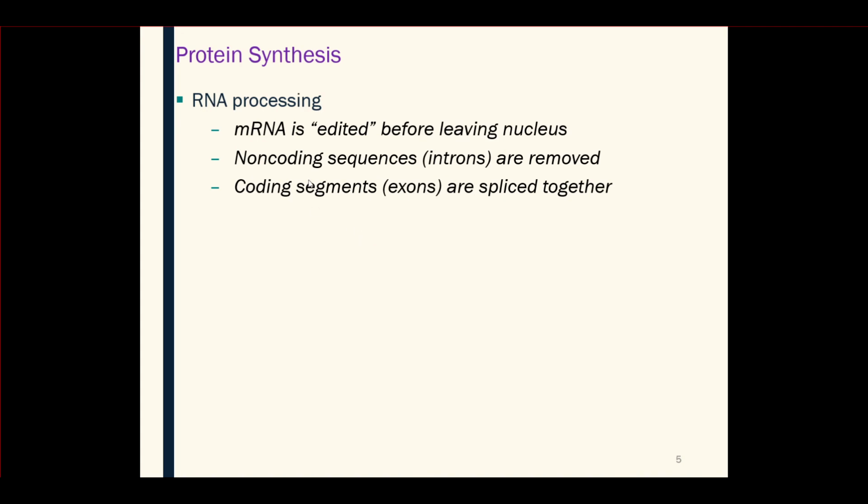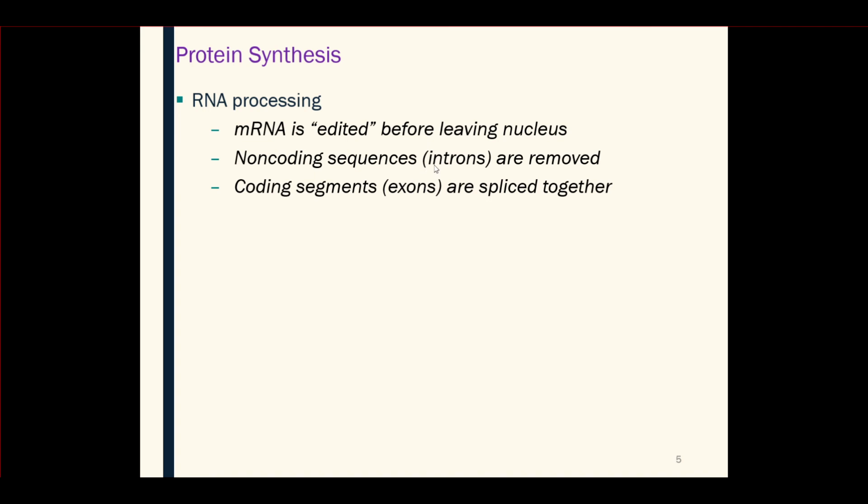As I mentioned before, the messenger RNA that we produce is an immature form. It has extra nucleotides that we don't need, even though the nucleotides were in the original blueprint on DNA. When we make the actual protein, we don't need those nucleotides, so they need to be spliced out.